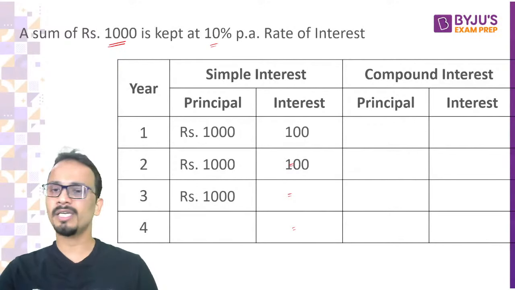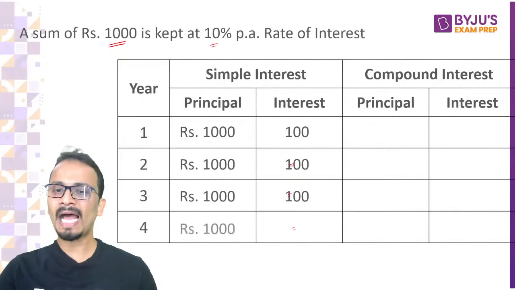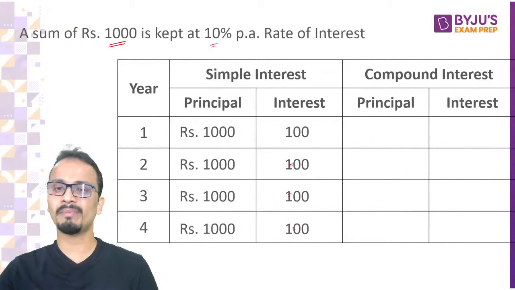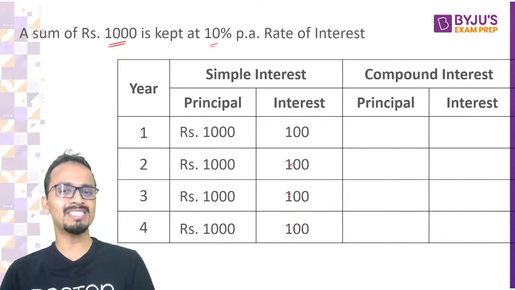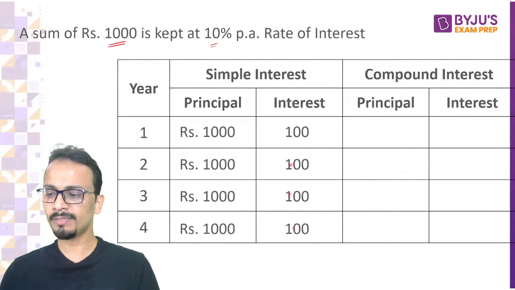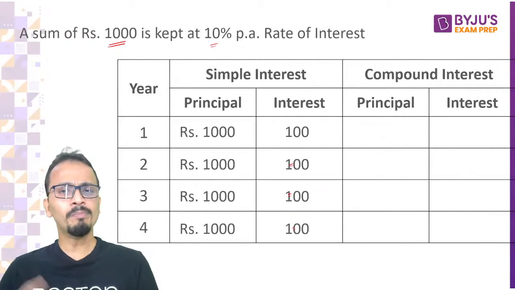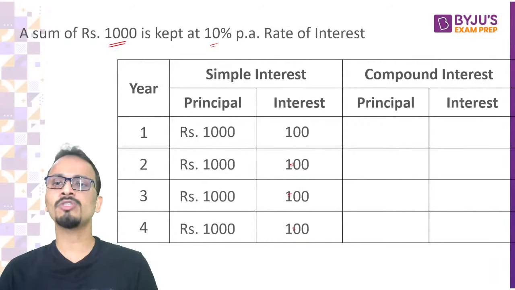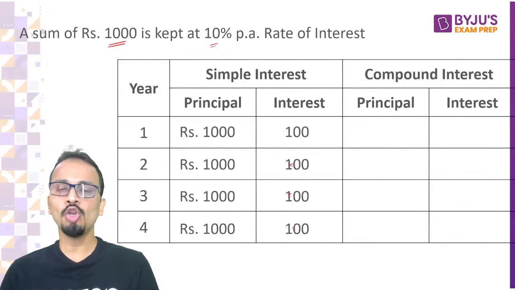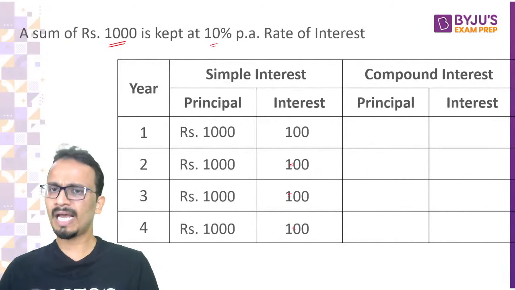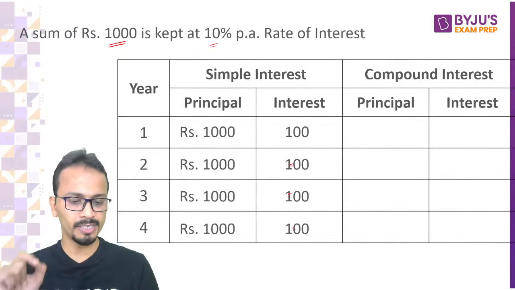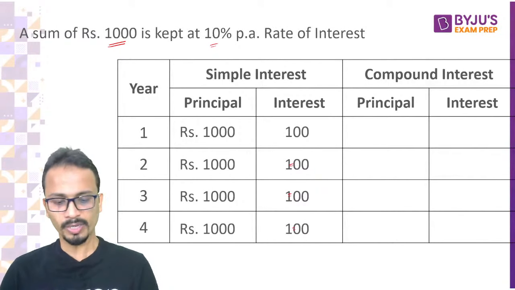For the third year, it will happen the same way, and similarly for the fourth year, principal is again 1000 and the interest is 100 rupees. So the important facts to remember about simple interest: interest is always calculated on principal, and that is why the interest of every period remains same.